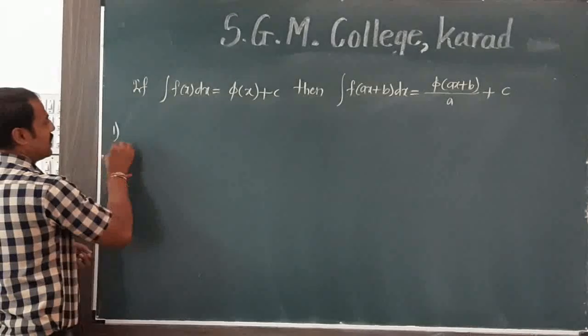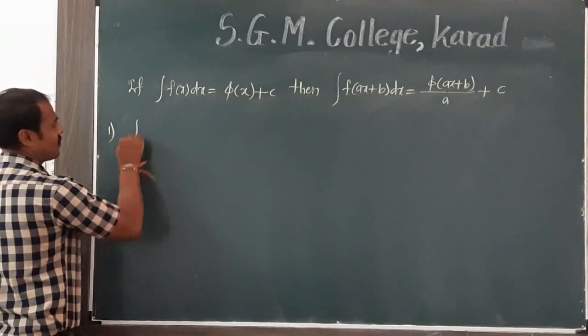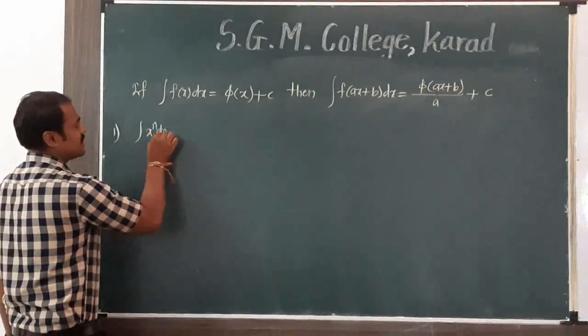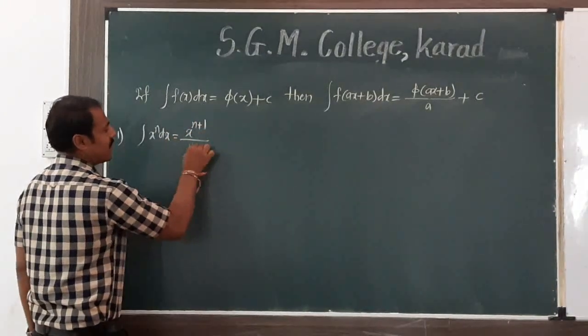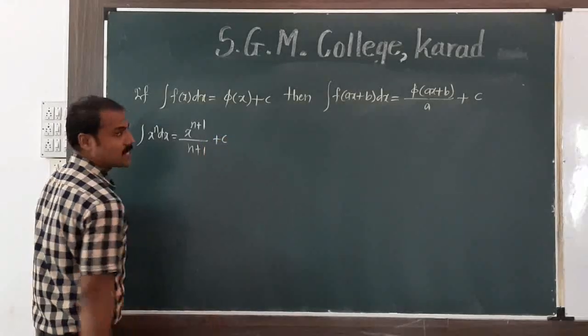First one, we know that integration of x raised to n dx is equal to x raised to n plus 1 divided by n plus 1 plus constant of integration c.